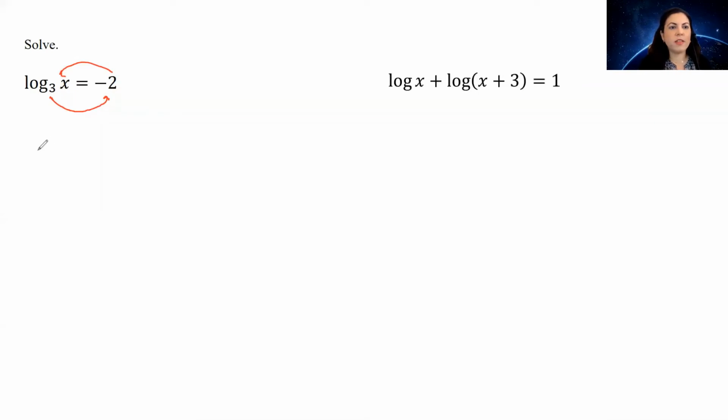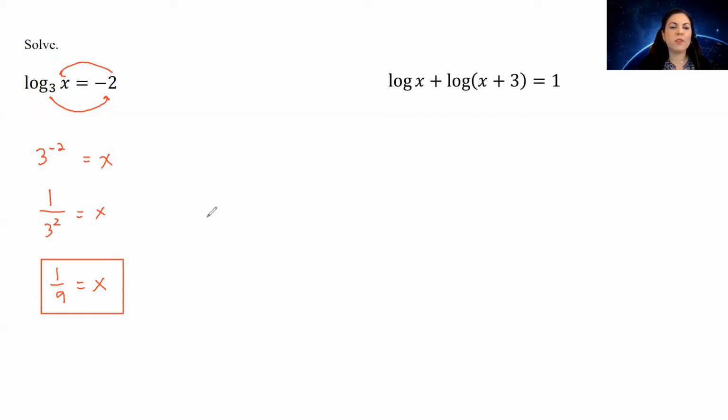If I rewrite that, 3 to the -2 equals x. Well, 3 to the -2 power is the same as the reciprocal of 3 squared, which is 1 over 3 squared, and 3 squared is 9. So our solution here for x is just 1 over 9. That's it. And you can check your answer by typing that into your calculator.